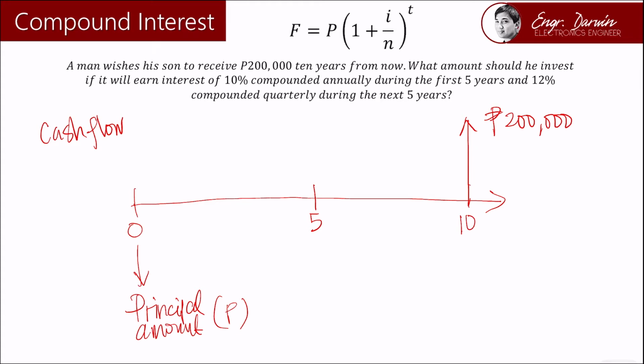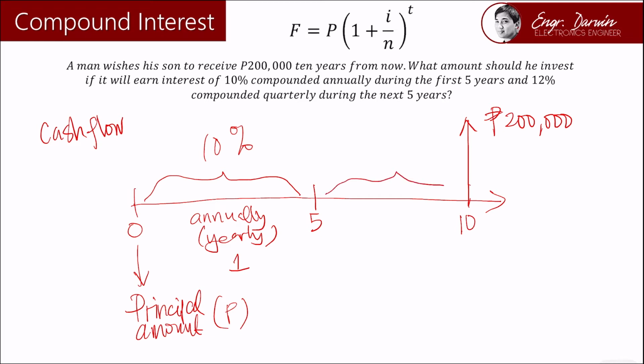Okay, in the first 5 years, this is compounded annually by how much? 10%. And the compounding period is annually or yearly. So we will use the factor of 1.